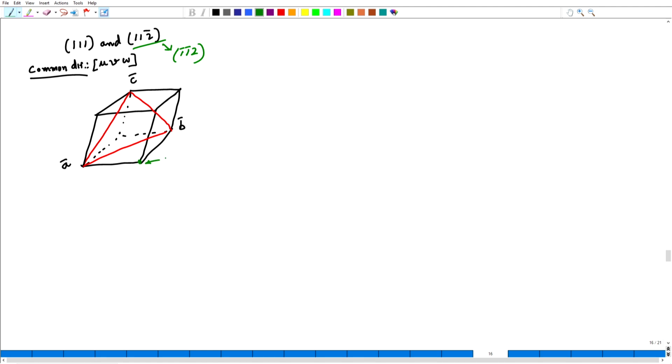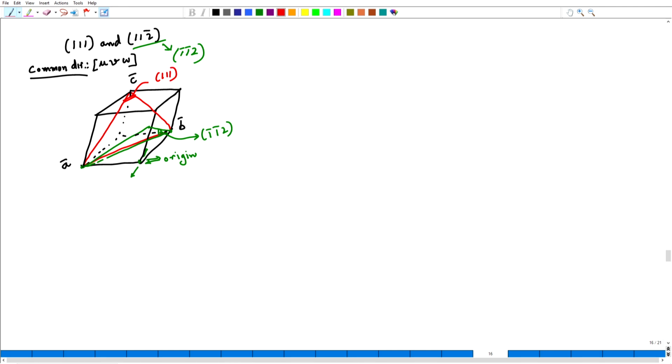So, this becomes my origin, and so these are my axes A, B and C. So, clearly minus 1 intersection along A would be the intersection here, minus 1 along the B axis, the intersection will be here, and hence my plane bar 1 bar 1 2 would be this, while this is 1 1 1.